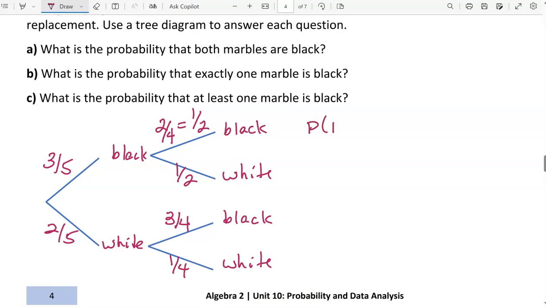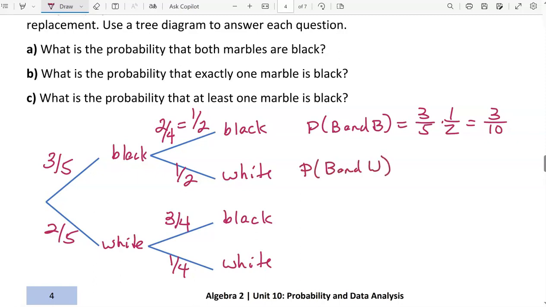So, probability of black and black is 3/5 times 1/2, which is 3/10. Probability of black and white is 3/5 times 1/2, or 3/10.